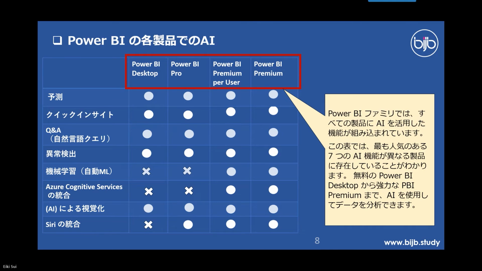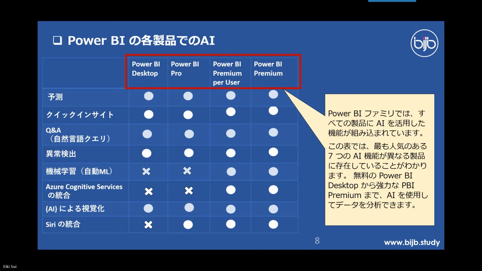Power BI is a big family. In the Power BI family, all products have embedded features powered by AI. In this table, you can see the seven most popular AI features that exist in different products, starting from the free Power BI Desktop to Power BI Premium.